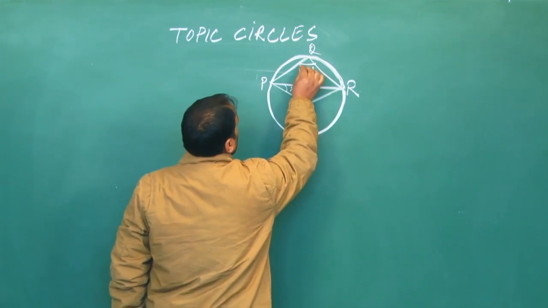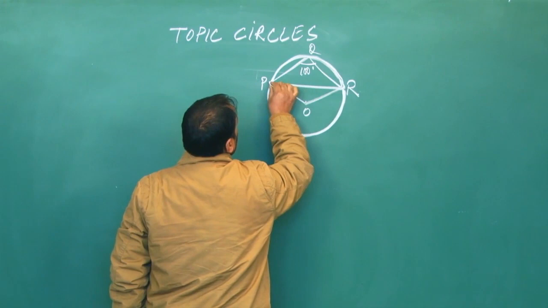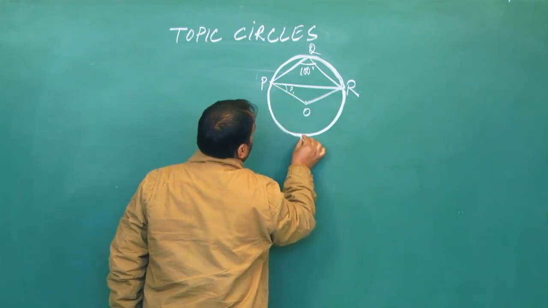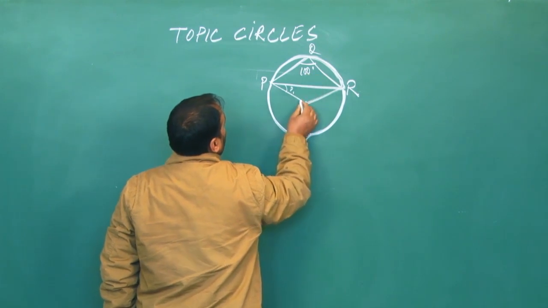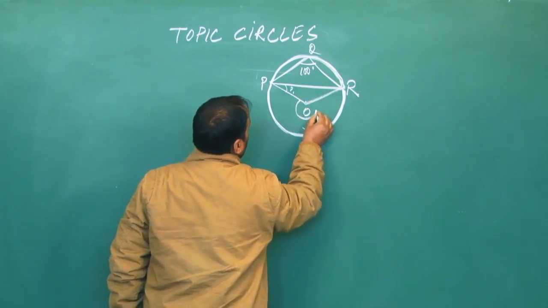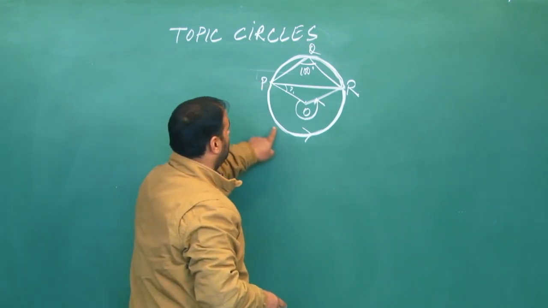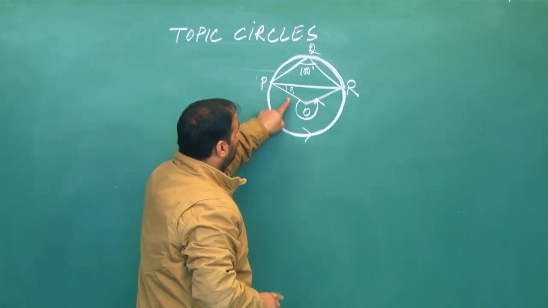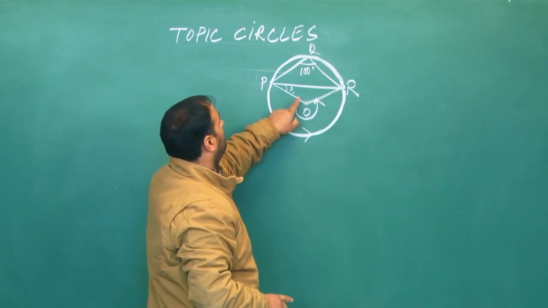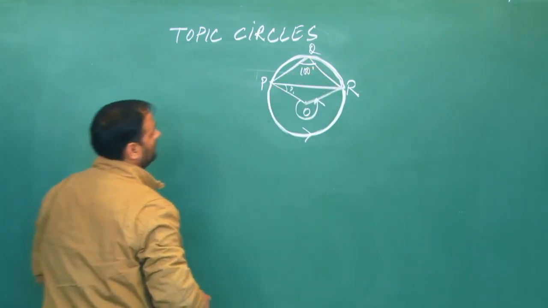So, if angle PQR lies in arc PQR, then its central angle lies in another arc, that is PR. So, the central angle for that is reflex angle POR. So, we can say that this is the major arc PR. It subtends reflex angle POR at center and angle PQR on the remaining part of the circle.